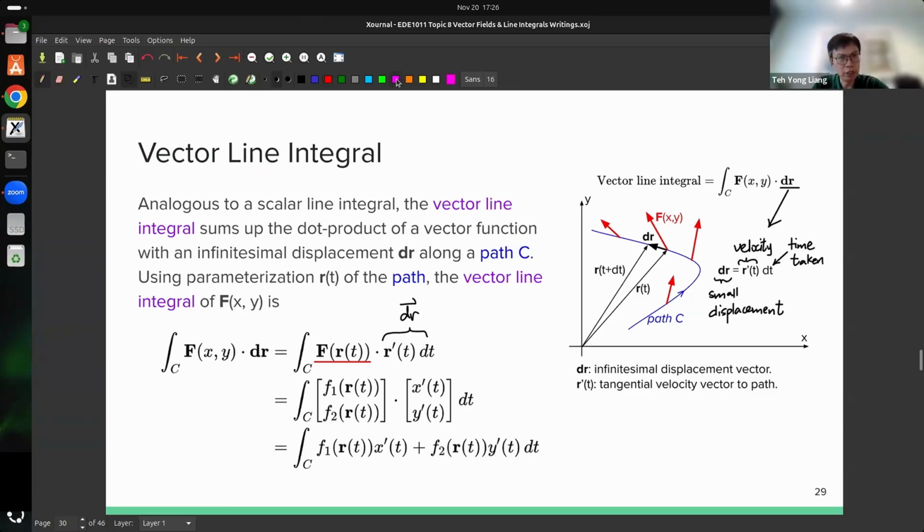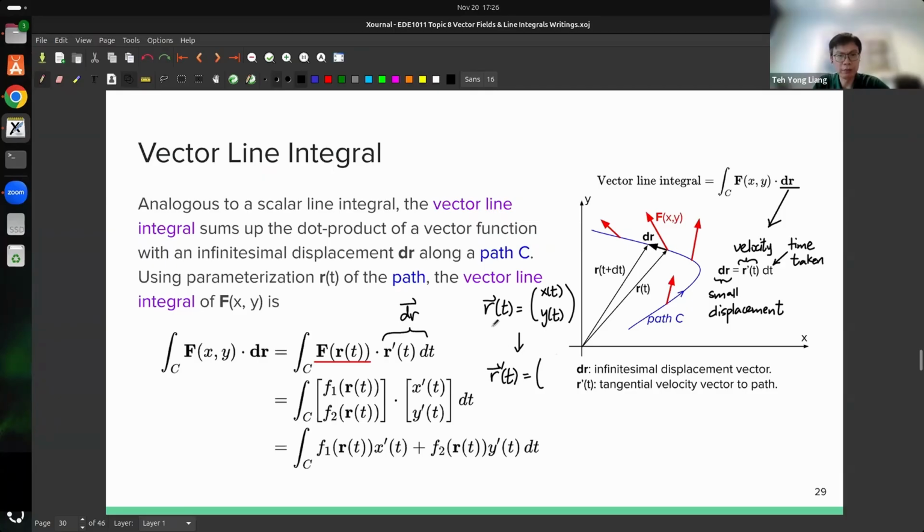This is really straightforward, because since r of t is x of t, y of t, r prime is, differentiate with respect to t.